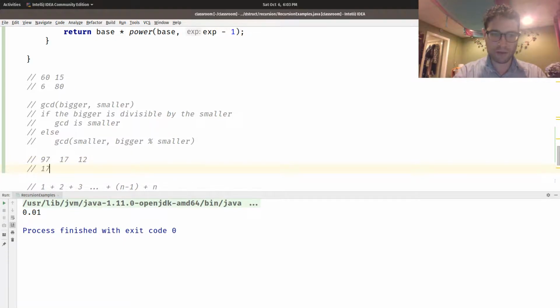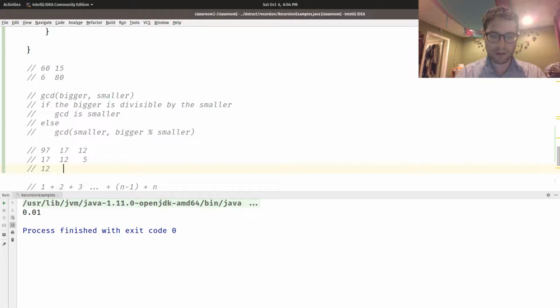So now, is 17 cleanly divisible by 12? No, it is not. So 17 mod 12 would be 5. What about 12 and 5? Is 12 cleanly divisible by 5? No, it is not. So 12 mod 5 is 2.